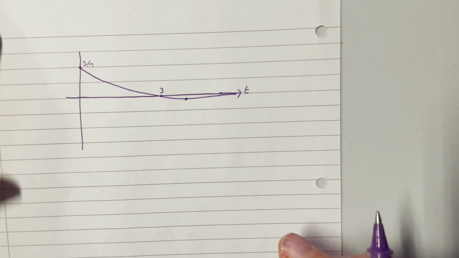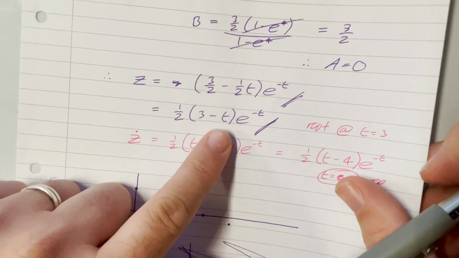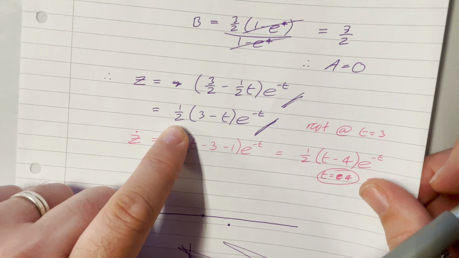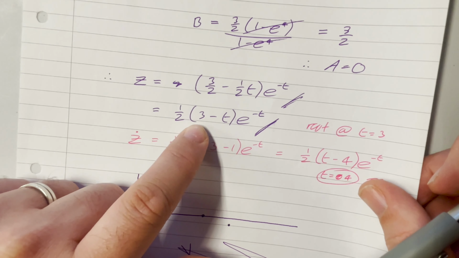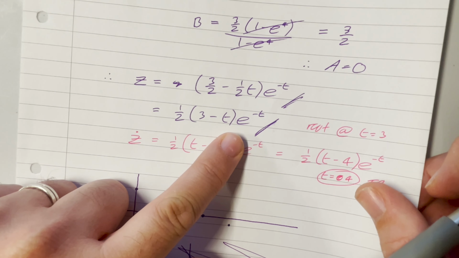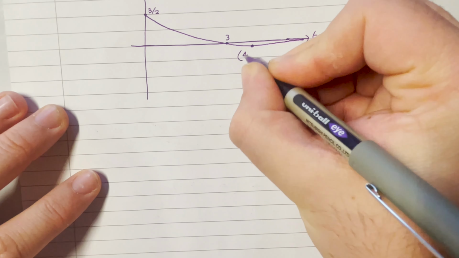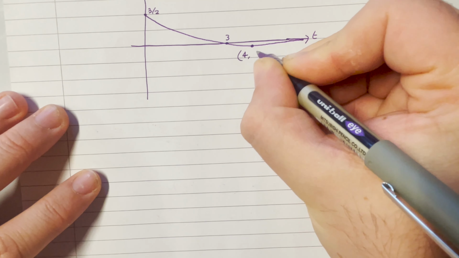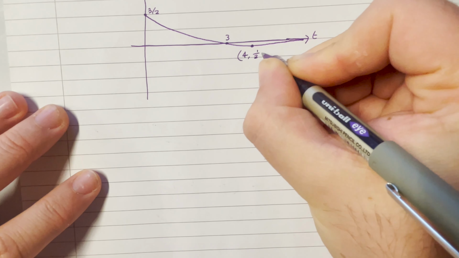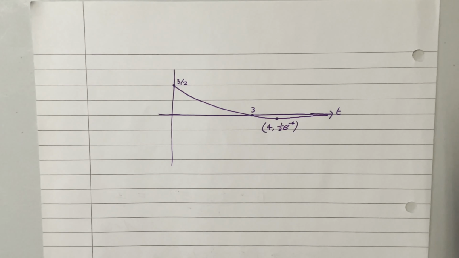That was one of my boundary conditions. And when t is 4, I'm going to get half times minus 1, so it's minus 1/2 e to the minus 4. So the coordinate of this is 4, and then 1 over 2 times e to the minus 4. Okay, so something incredibly small.